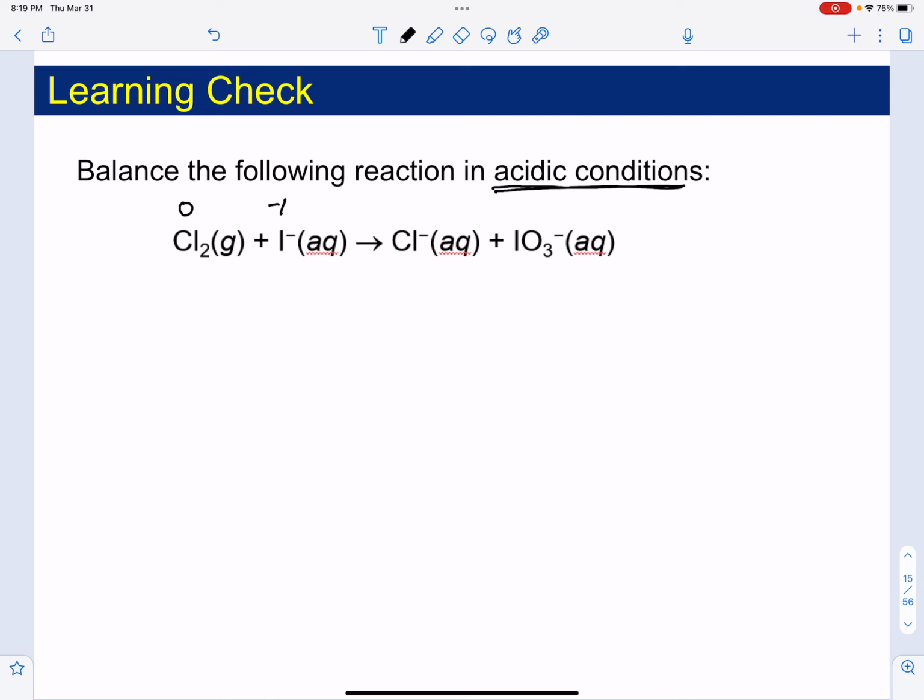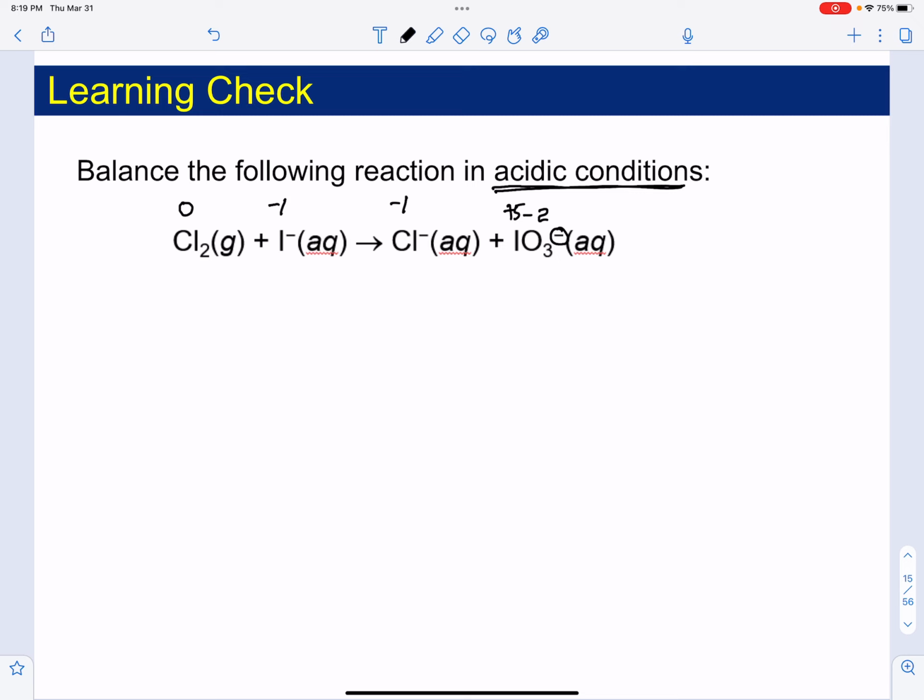And then on the products, we have chlorides, and we know that oxygen is always -2. There's 3 of them for a total of -6, but the overall charge is -1, so the iodine has to be +5.